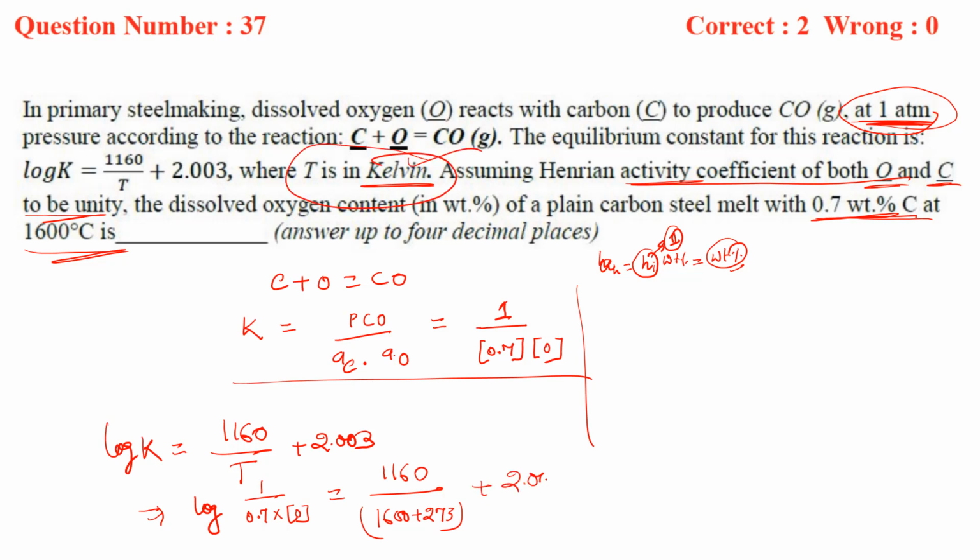So this is the equation, and if you solve this equation, you do it by yourself, and the oxygen content will be, let me see, 0.0034 weight percent, right? So this is your answer. The oxygen content will be this much.